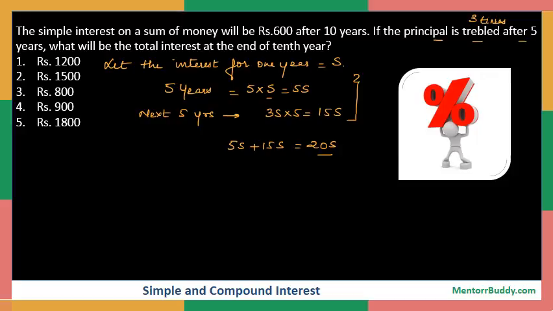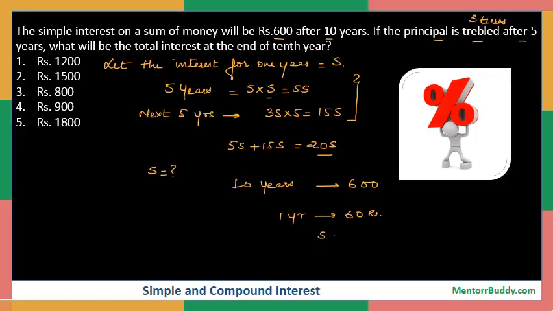So now one part of the question is done. Now if we get to know the value of S, we will be easily able to calculate the answer. The question says the simple interest on a sum of money will be rupees 600 for 10 years. Now see, for 10 years, it should have been 600 rupees. That means for 1 year, it will be 60 rupees.